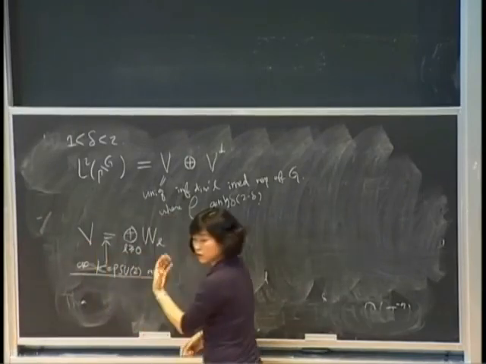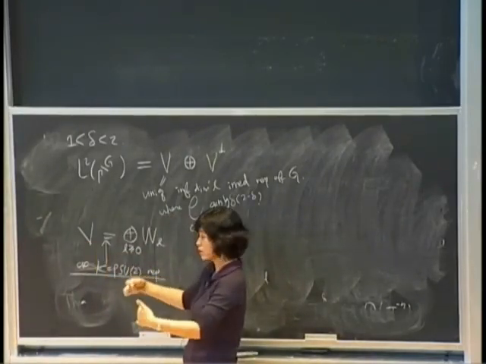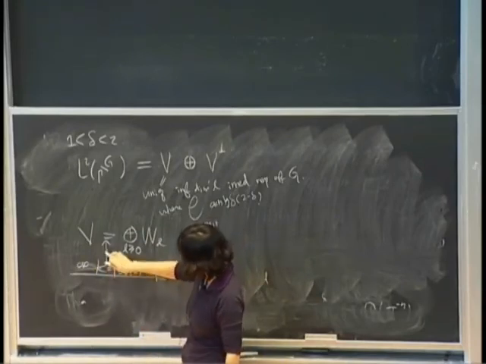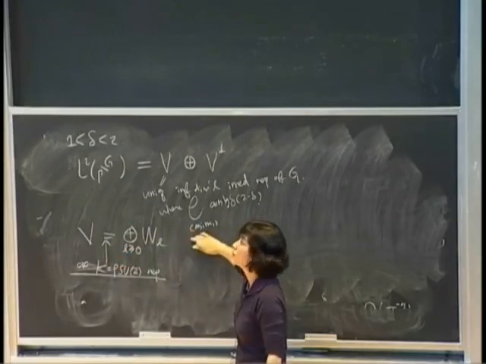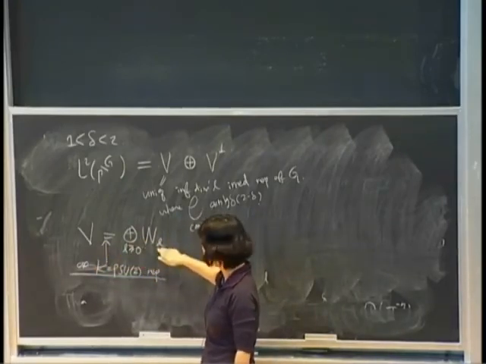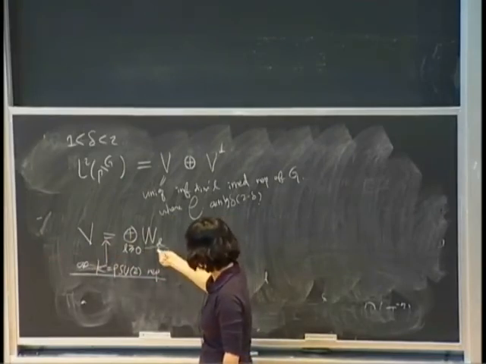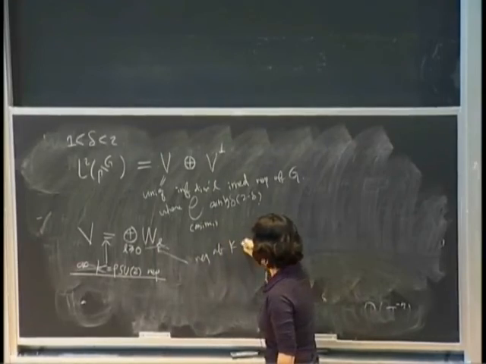V is a representation of G, so of course it is therefore a representation of a smaller group. So you can again do the decomposition, and by the Peter-Weyl theorem, you get this orthogonal decomposition here. And then W_L is the representation of K of dimension 2L plus 1.